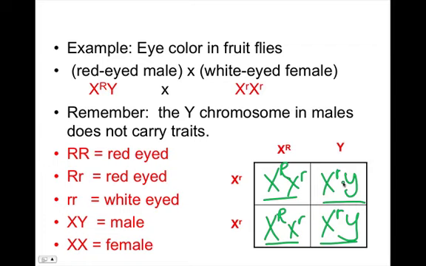Now, despite the fact this particular male is going to have white eyes, it does not need two alleles to make it have white eyes because it's carried on the X chromosome.